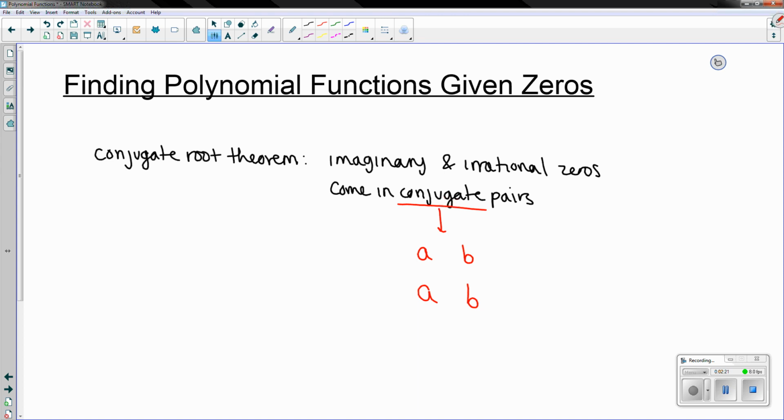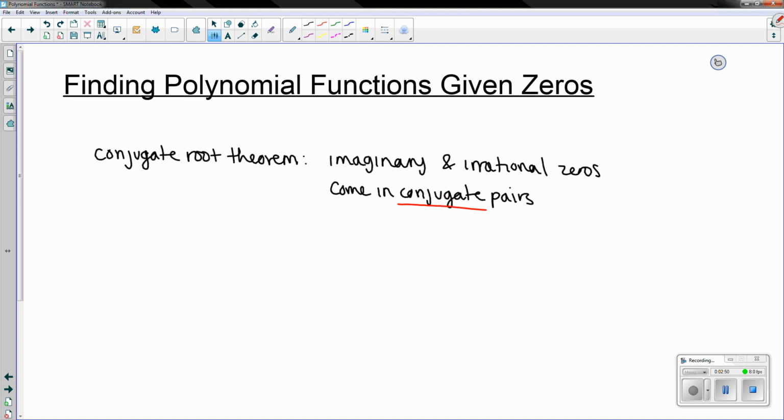If one has an arithmetic operator, say addition, its conjugate, the other one, should have the opposing arithmetic operator, in this case subtraction. So these two things would be considered conjugates to one another. Once again, when we have two binomials with equal terms, in this case A and B, and in between them are opposing arithmetic operators, that's how you identify a conjugate.